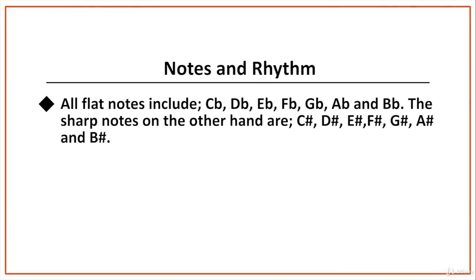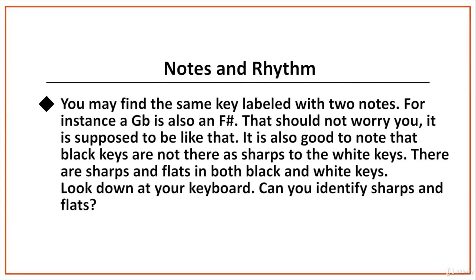All flat notes include C flat, D flat, E flat, F flat, G flat, A flat, and B flat. The sharp notes, on the other hand, are C sharp, D sharp, E sharp, F sharp, G sharp, A sharp, and B sharp. You may find the same key labeled with 2 notes.